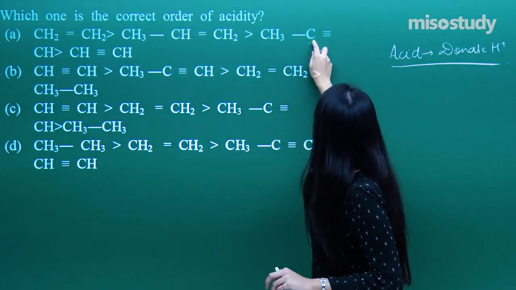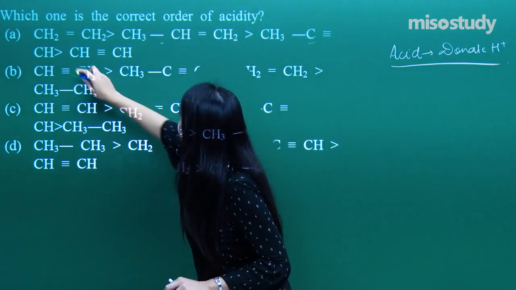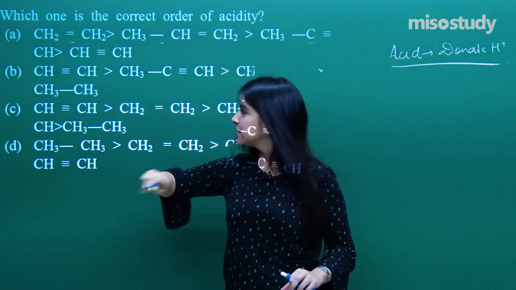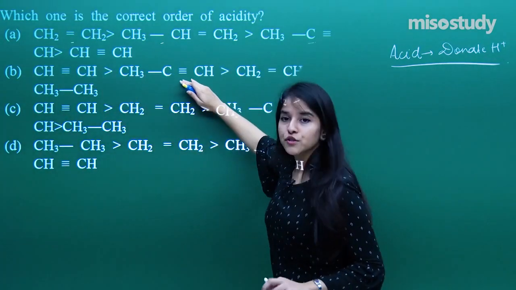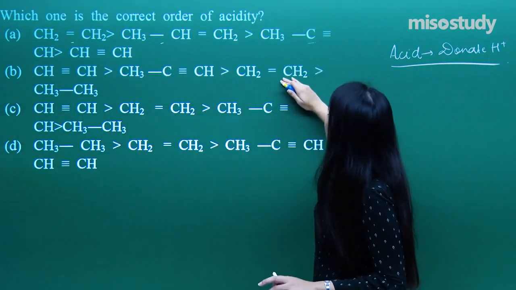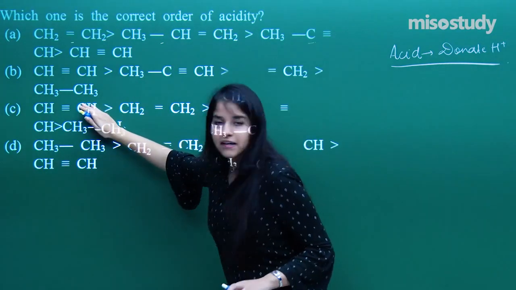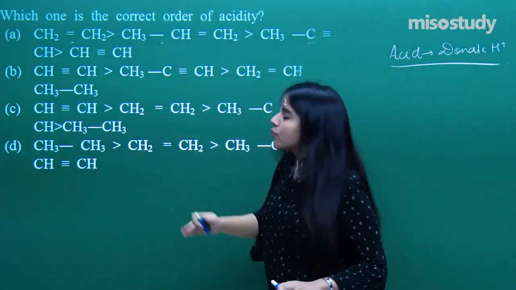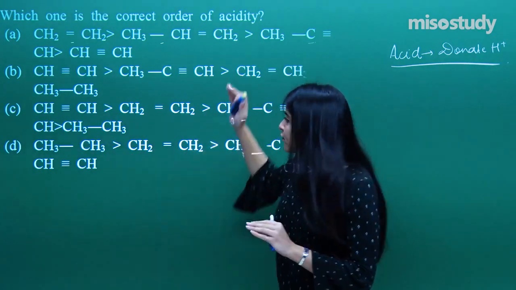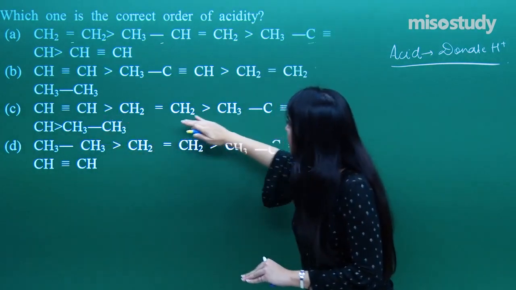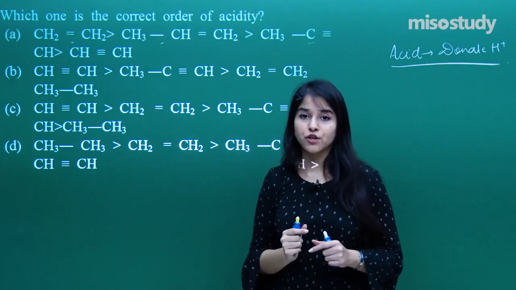So I've got alkynes and alkenes. Over here I've got acetylene, propylene, ethene, ethane. None of the options has similar kinds of molecules, but there may be different kinds of molecules given in each and every option.